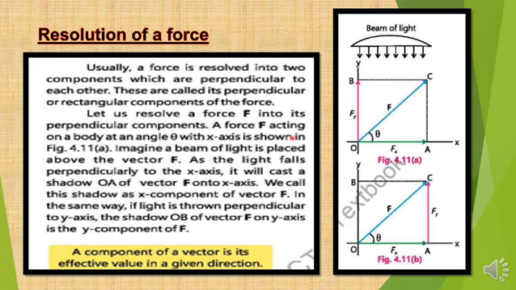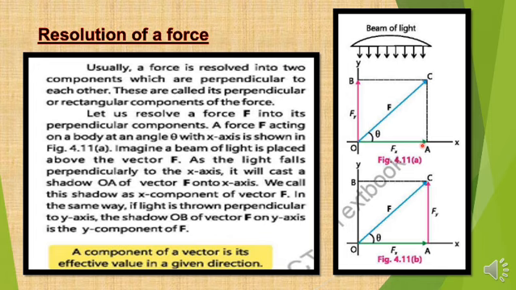A force F acting on a body at an angle theta. You can see this angle is called angle theta with the x-axis. We can see it in the figure as well. Imagine a beam of light placed above the vector F. As the light falls perpendicular to the x-axis, it will cast a shadow OA of vector F onto the x-axis.